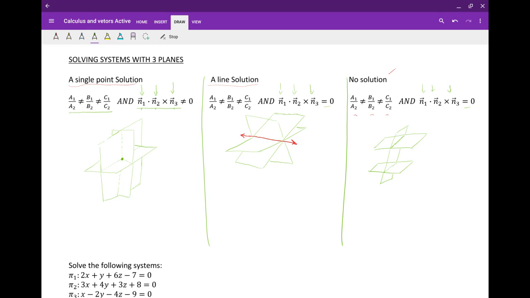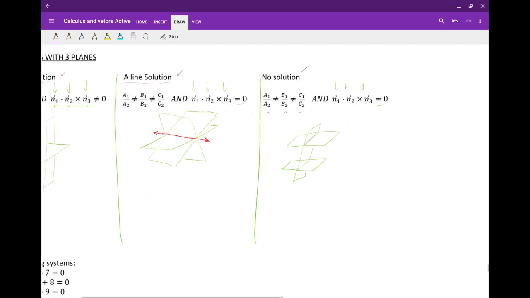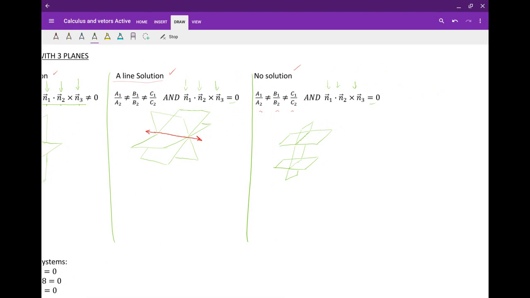But remember, it's not where one plane intersects the other. It's where the only solutions are where all three planes exist at the same location. So that's why here you can have a single point solution. Here you can have a line solution. This would actually be a no solution. This one here that I've drawn, okay? There's other variations on this, okay? And that would be something like, I guess I'm just going to go for it here. I'm going to put it all in the same video.